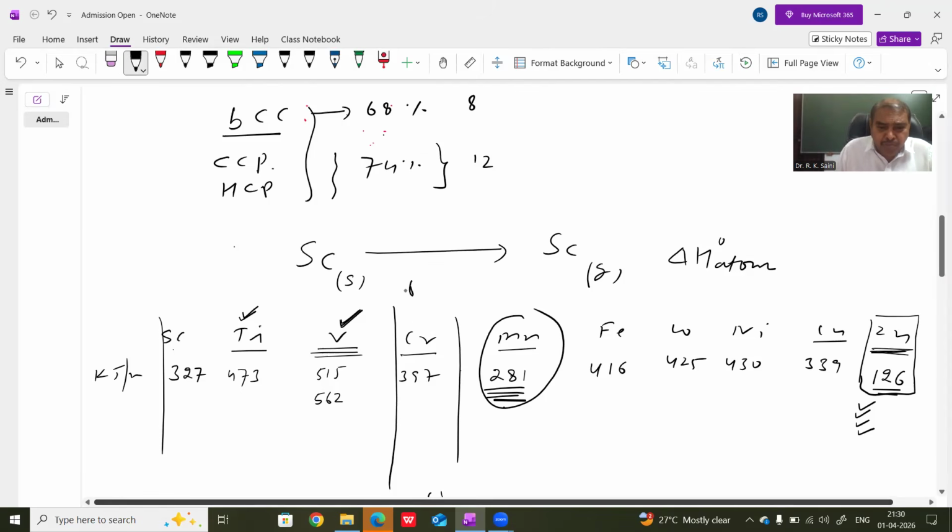In group number 6, chromium, next molybdenum, a 4D element, and in 5D the element is tungsten. Tungsten is the hardest metal, possessing the strongest metallic bond, and has the highest melting point among all known metals, and its atomization enthalpy is also highest among all known metals. It means metallic bond strength increases down the group.